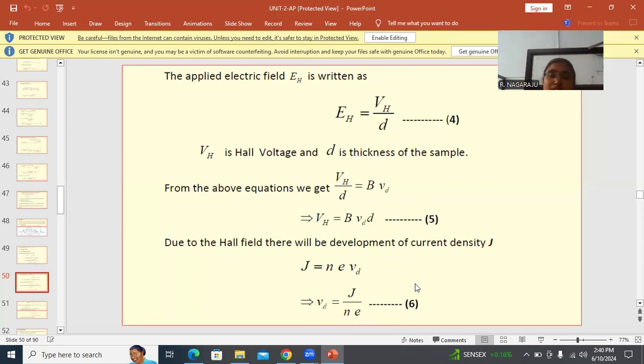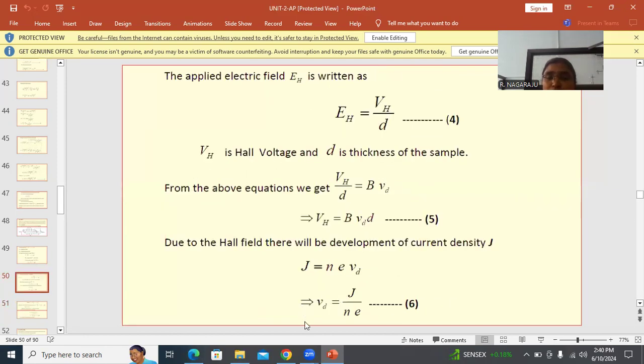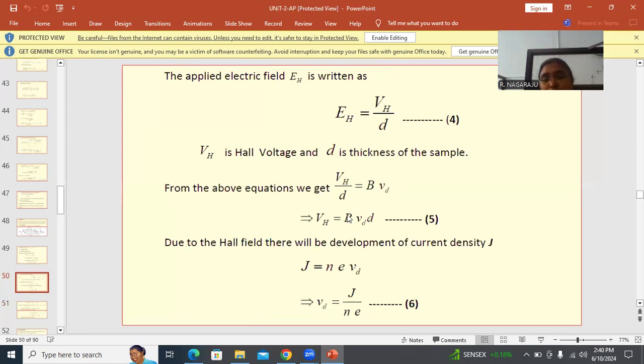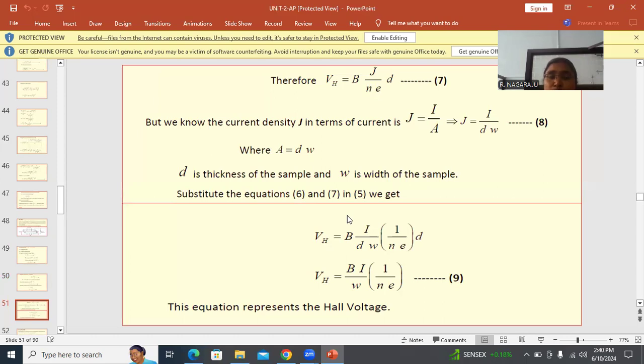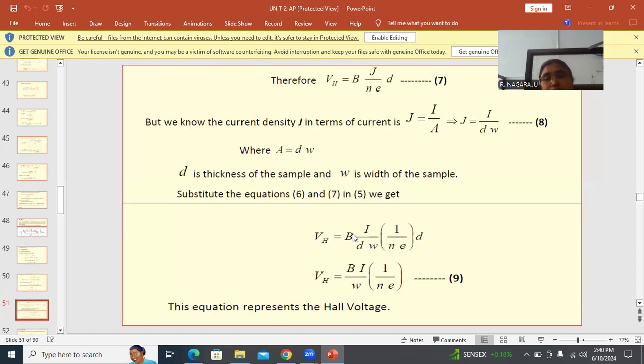After getting the drift velocity, substitute equation 6 in equation 5. By simplifying that, we get equation 7, that is, VH is equal to B J by n e d.